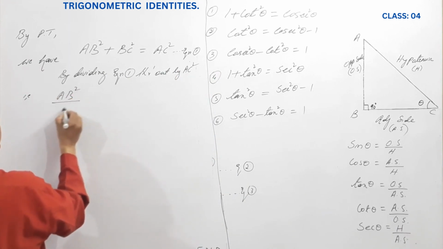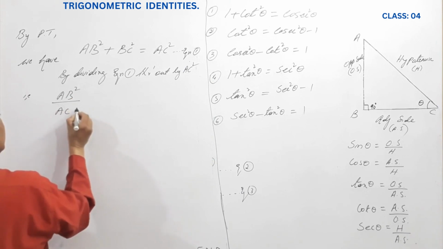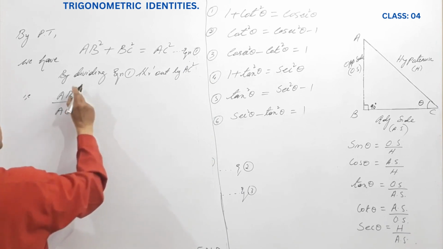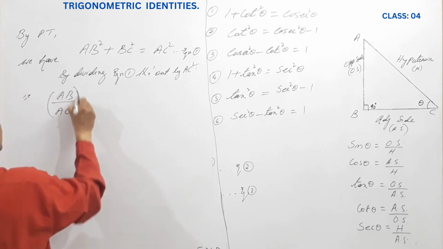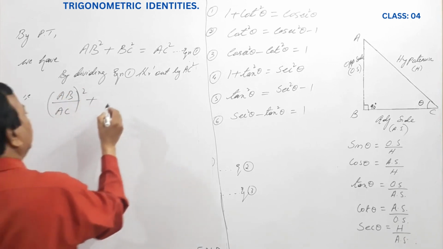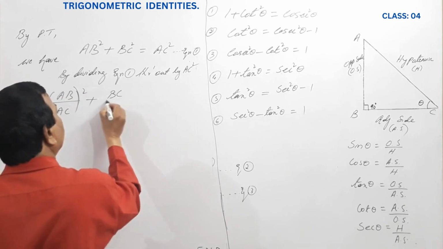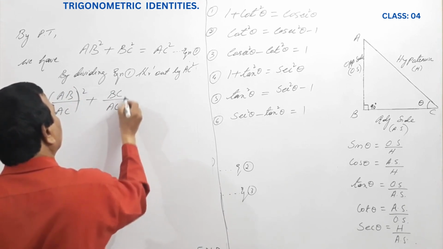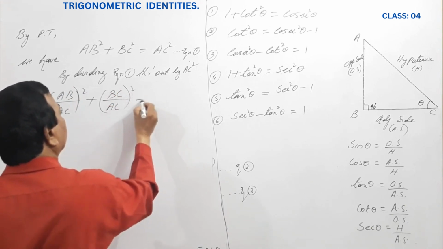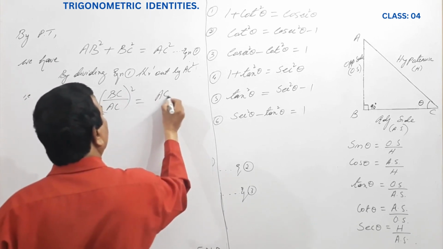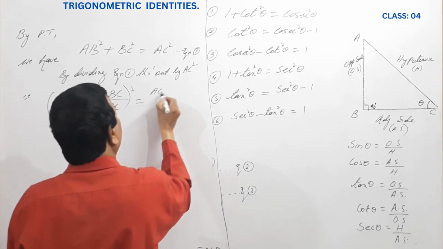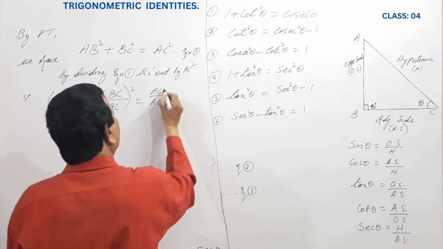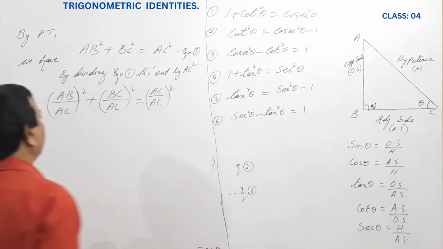AB square by AC square plus BC square by AC square equals to AC square by AC square.